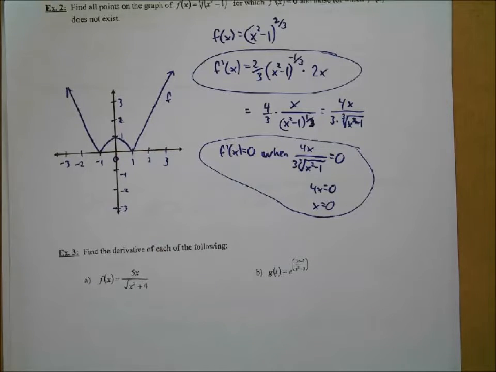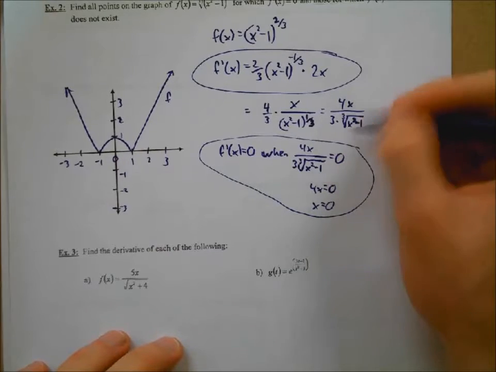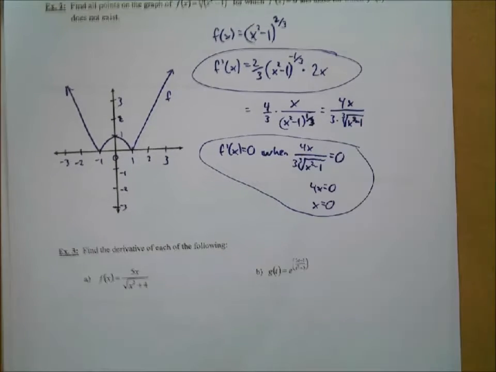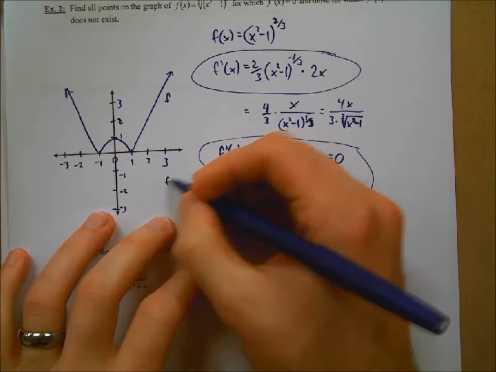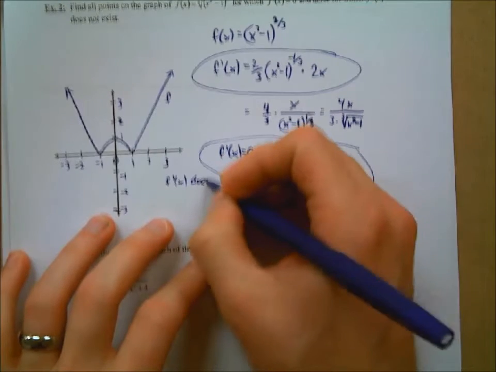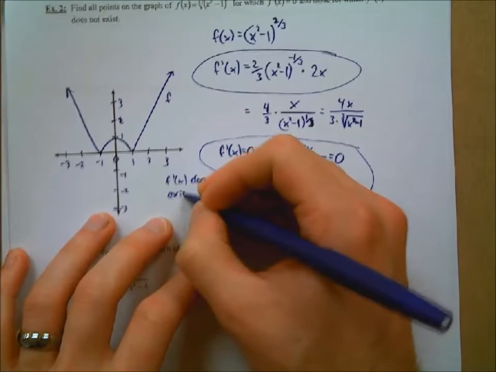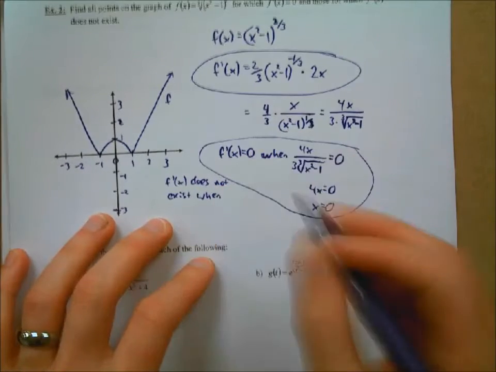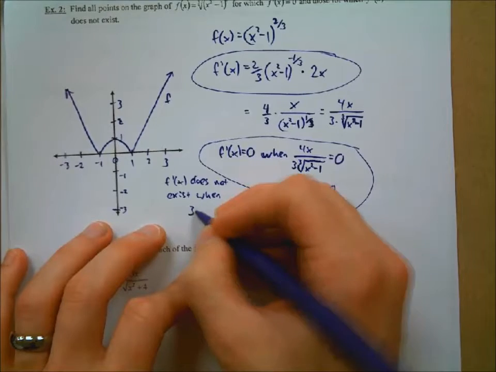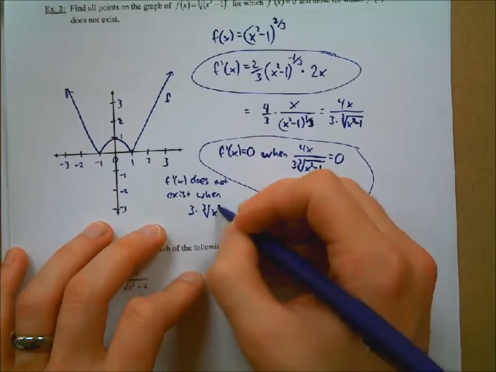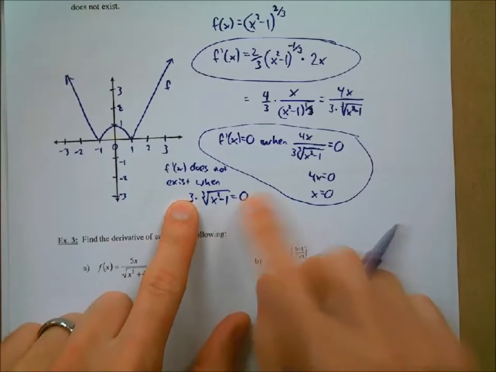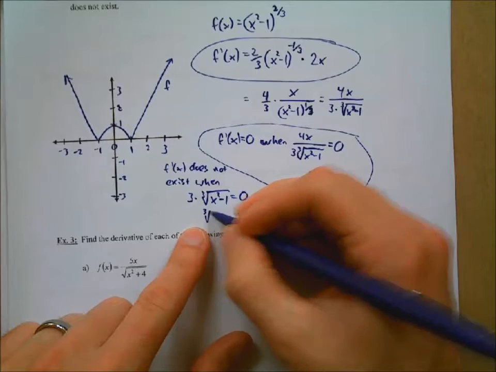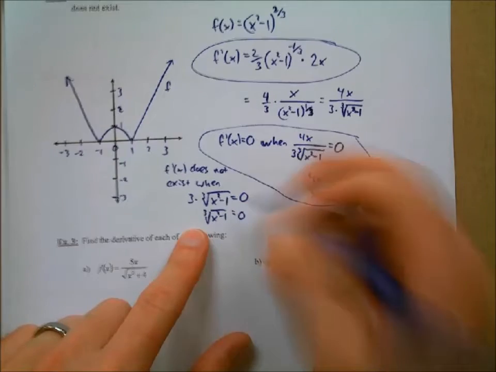The derivative will not exist when, well, how can we figure out when the derivative doesn't exist? When the denominator is 0, right. So f prime of x does not exist when I set the denominator equal to 0. So 3 times the cube root of x squared minus 1 equals 0. Imagine dividing both sides by 3. How do you get rid of the cube root?